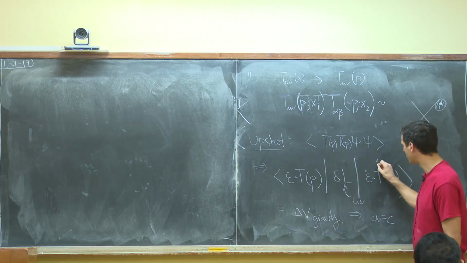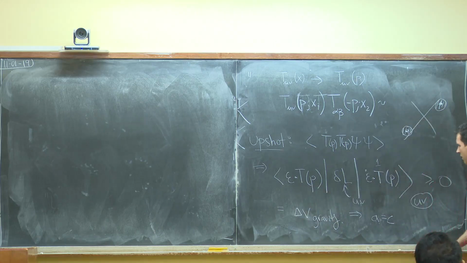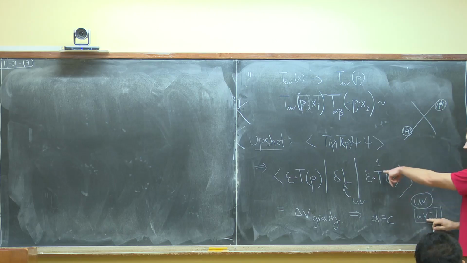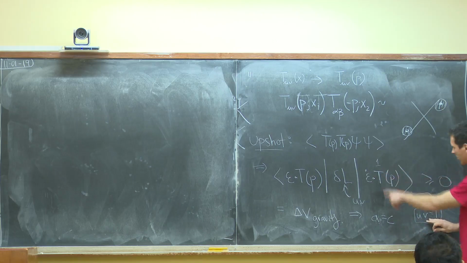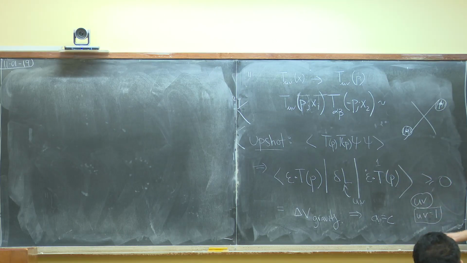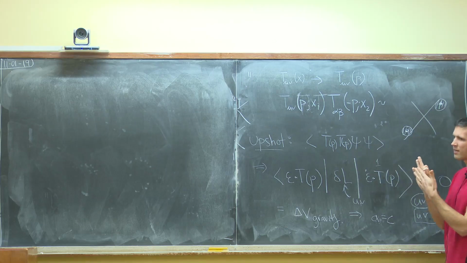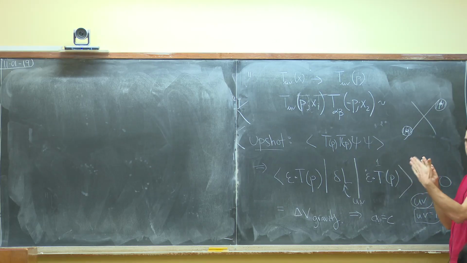I've inserted them in such a way that UV equals 1 corresponds to these hitting the wave packets at 0 impact parameter. So what you end up doing is sending UV near 1. It's like we've taken the wave packets and sent them at distance 1 from the AdS boundary.